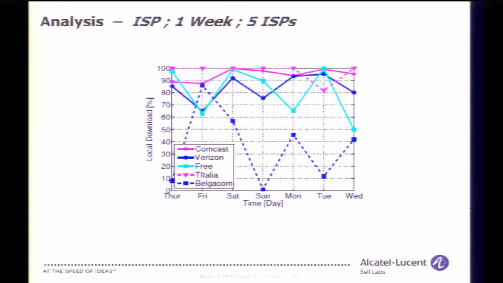So the next logical step is to try to understand what would happen in different ISPs. What we see here, or actually we don't see much, so later I will break it down, is just a summary of the experiment. This is a week-long experiment. We have 5 ISPs: Comcast, Verizon, Free, Telecom Italia, and Belgacom.